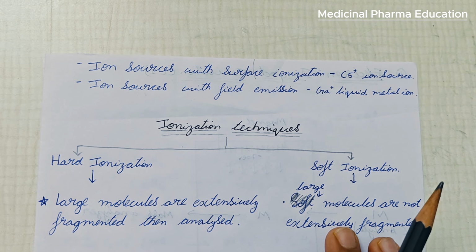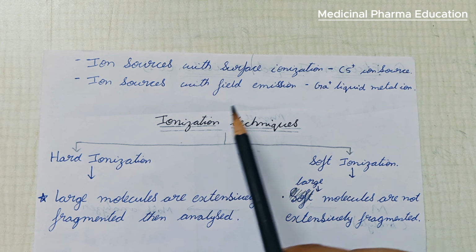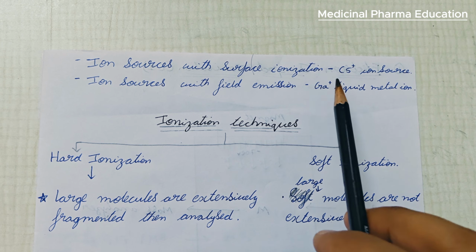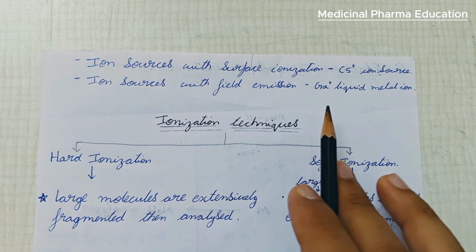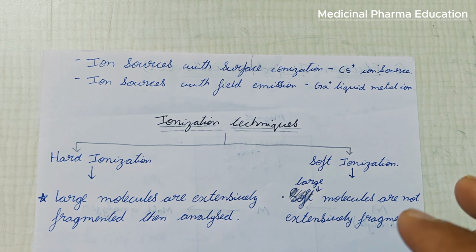Next, ion source with surface ionization is the Cs plus ion source. Ionization by field is the gallium plus liquid metal source. This is not important. You just have to mention that the ionization source depends upon the ionization method.